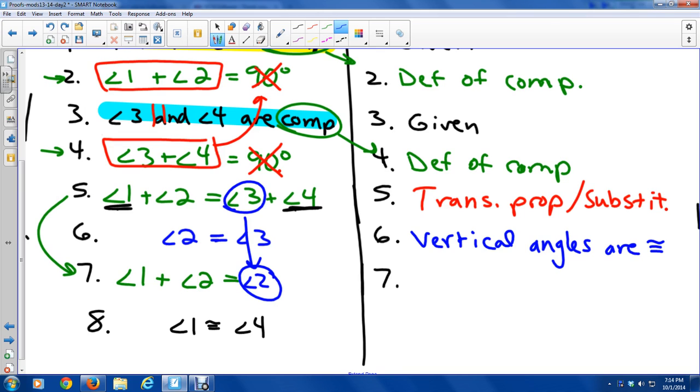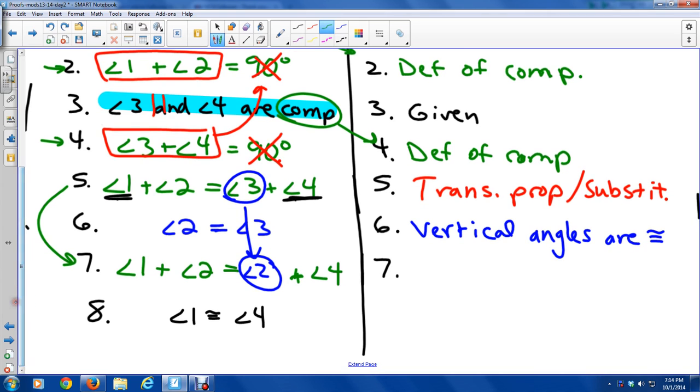So instead of putting angle 3 there, I'm going to put an angle 2. Everything else is exactly the same as you see it in step 5. Angle 1 plus angle 2 is equal to angle 2 plus angle 4. Property I just used? Substitution property. I'm taking out something, putting something in place of it. Angle 3 becomes angle 2.